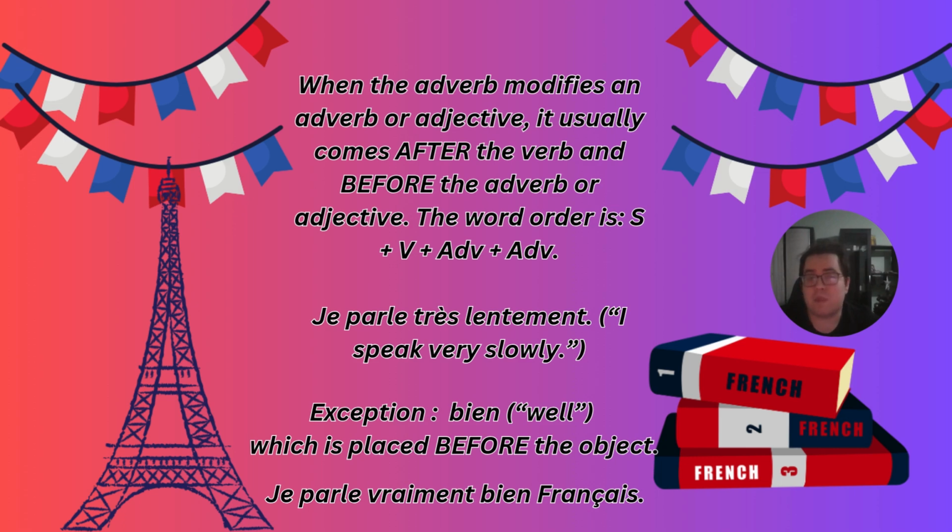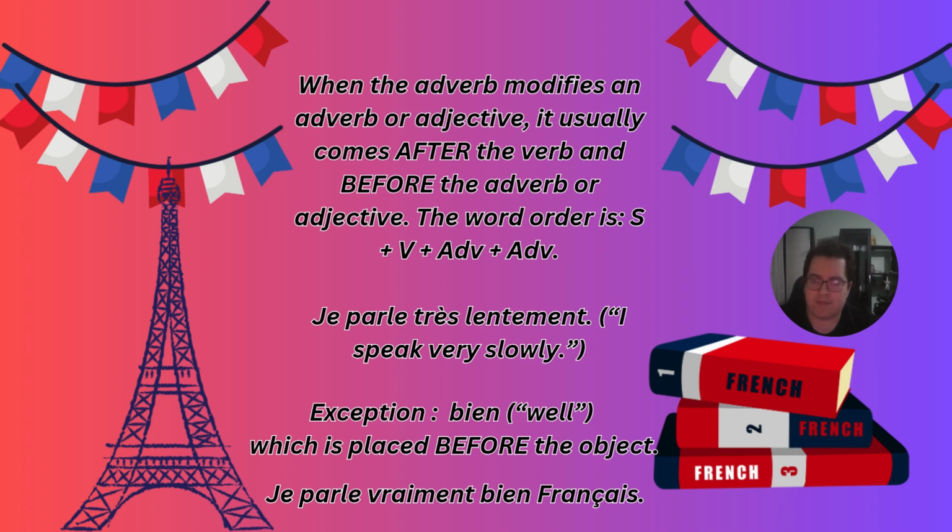Now, when the adverb modifies an adverb or an adjective, it usually comes before the adverb or the adjective. So the word order that you'd have would be usually subject plus verb plus adverb or adjective. For example, je parle très lentement. I speak very slowly.